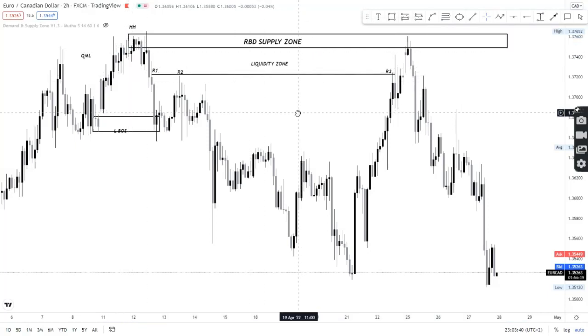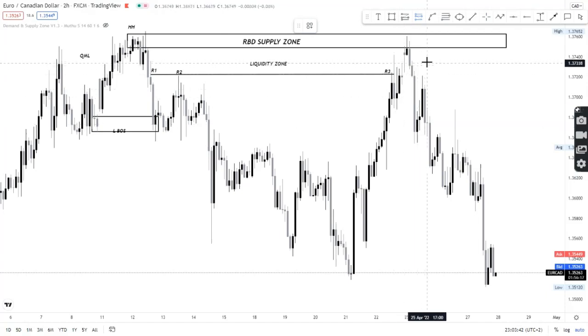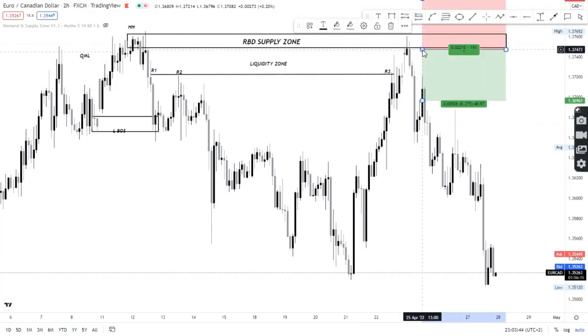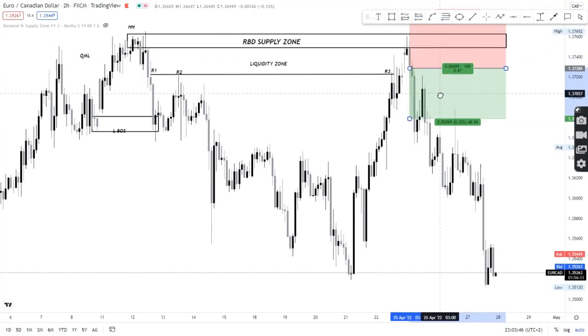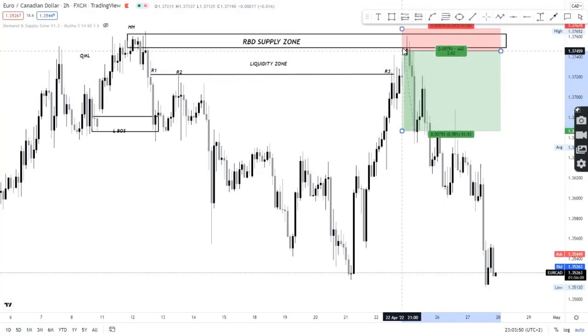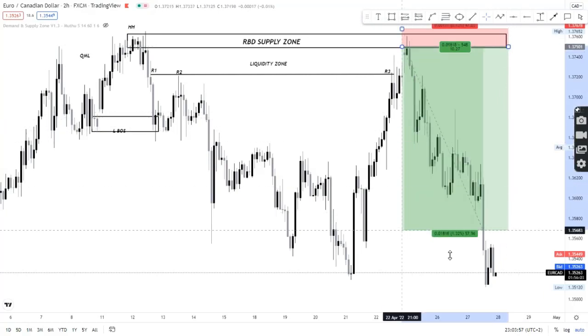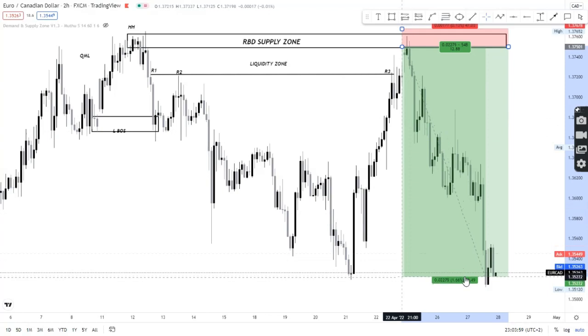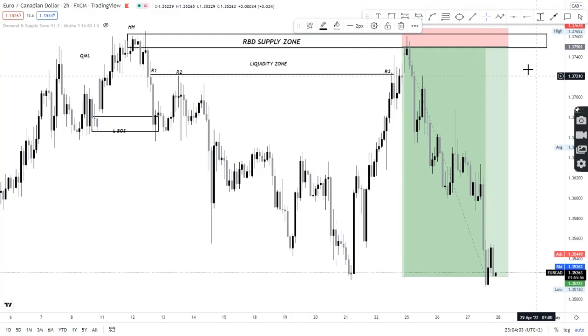And then we sold from here. This one was a really amazing trade, guys. So we caught this trade. Our target was right here.